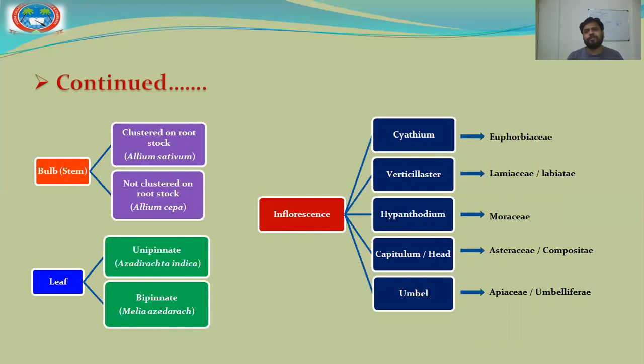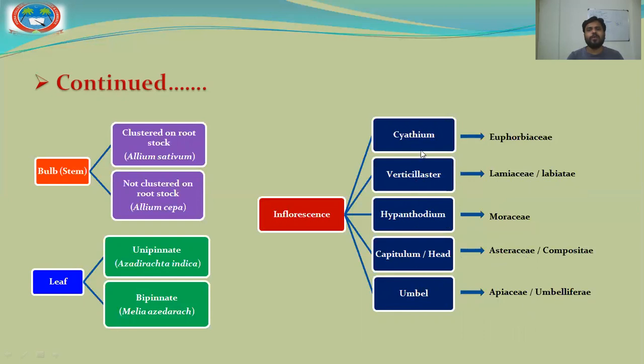For example, the cyathium inflorescence is the characteristic of the family Euphorbiaceae. The presence of verticillaster inflorescence is the characteristic feature of the family Lamiaceae or Labiatae. Hypanthodium is of Moraceae. Capitulum or head is of Asteraceae, or we call it Compositae. Umbel inflorescence is of Apiaceae or Umbelliferae.